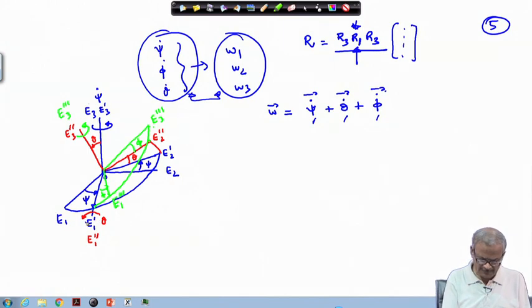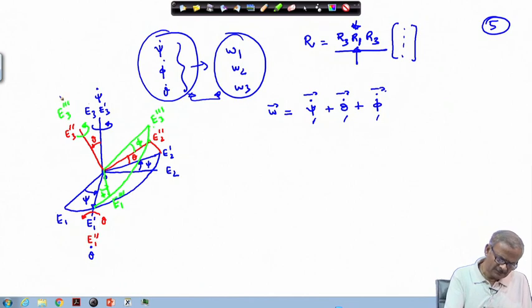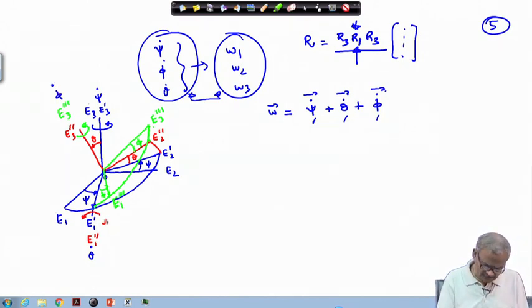Theta, we have rotated about this by theta, so theta dot will be along this direction, okay. And then phi, we are rotating by phi about this, so phi dot will be along this direction. I will remove this notation here, just keeping theta dot in this place, okay. So, theta dot, psi dot, phi dot, and this is the psi dot.